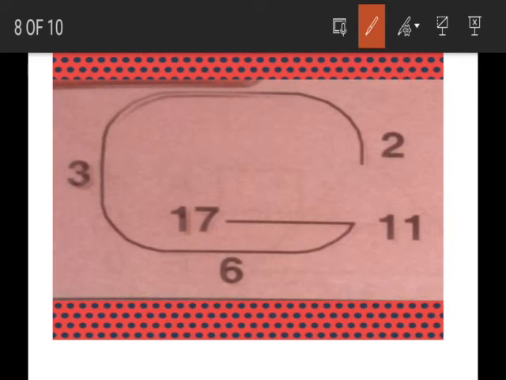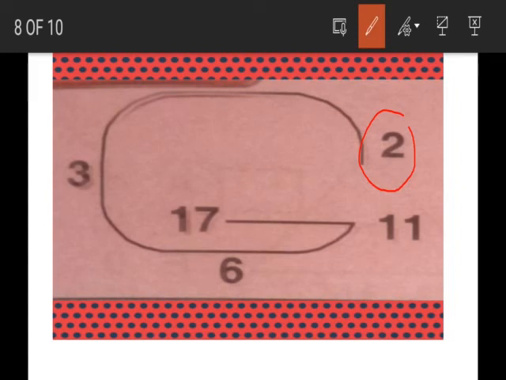Assuming our 2 was not given, how can we get our 2? What we simply do, we add 3 plus 6. 3 plus 6 will give us 9. So let's remove 9 from this 11. Don't forget, we got 11 by adding 2, 3 and 6.